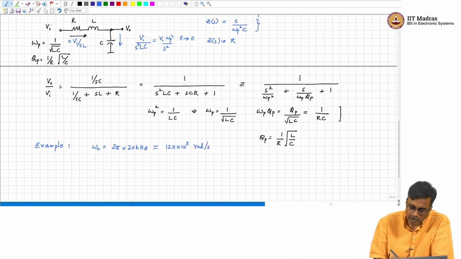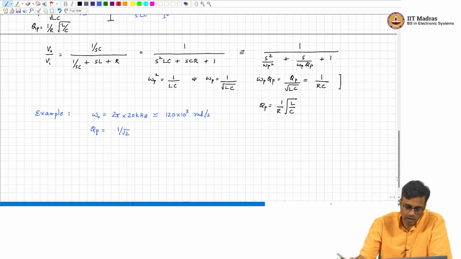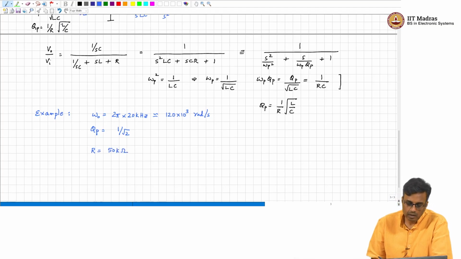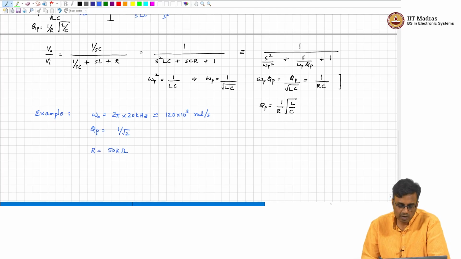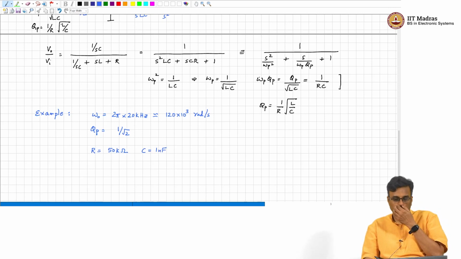And let us say we are trying to build a maximally flat filter, so Q p is 1 by root 2. Let us say we choose R equal to 50 kilo ohm, and let us say C is 1 nanofarad. Okay. So, can you calculate L?